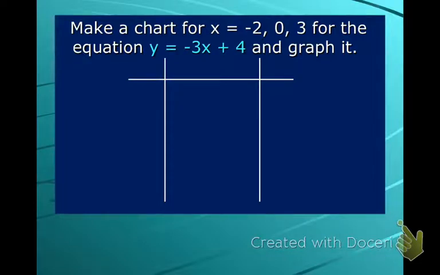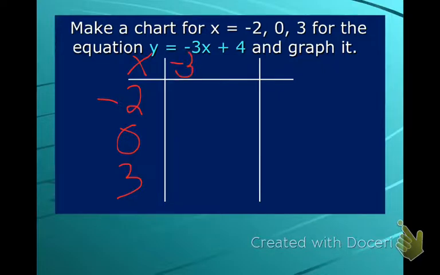Okay, we're going to make a chart now, a table. We're going to do this again, but we're going to do it with a completely different set of values. So this one, remember, this is x. Those are all the values we're going to substitute, and they told us what to substitute: -2, 0, and 3. And in the middle here, this is where we're going to show our work.